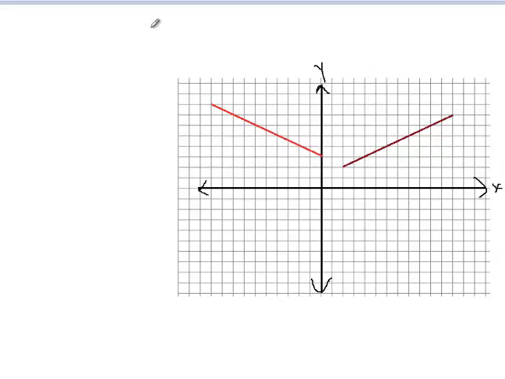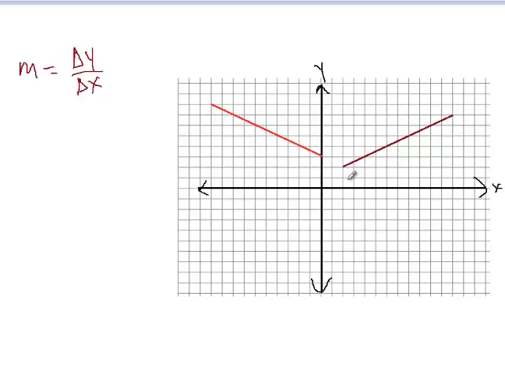Let's figure out the slope for both. The way to figure out the slope is a very simple and straightforward formula. The slope, which is known as m, for some reason, is the change in y divided by the change in x. How much did the y change, and how much did the x change? Let's figure out this slope first. You can really pick any 2 points on the line in order to figure out the slope.